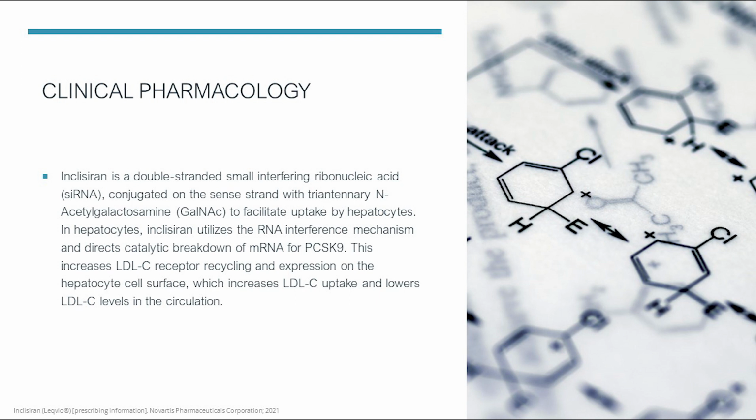In our hepatic cells, Inclisiran utilizes the RNA interference mechanism and directs catalytic breakdown of mRNA for PCSK9, and thereby increases the LDL cholesterol receptor recycling and expression on the hepatic cell surface. This increases the LDL-C uptake and ultimately lowers our LDL cholesterol levels that we have in circulation.